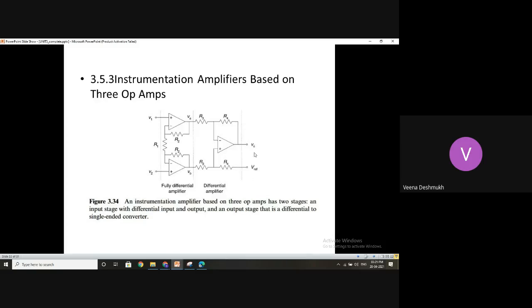So the final output you get here is already with low drift as well as low DC offset, or rather you can say DC offset is reduced to zero, and the noise signals, because of this configuration of the first two op amps, are reduced to zero. We'll see this with equations.